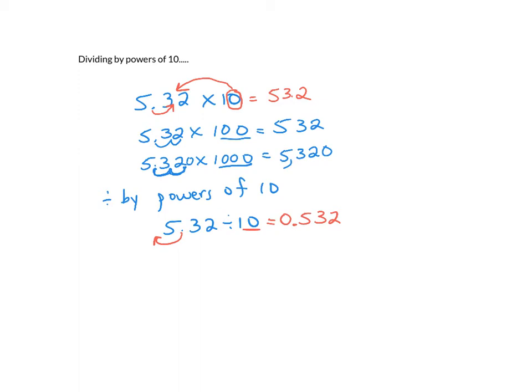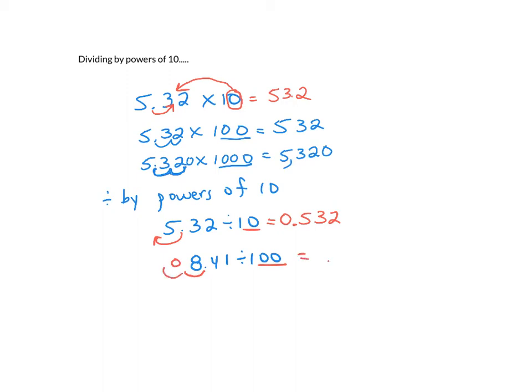Let's say you were given the problem 8.41 divided by 100. There's 2 zeros here, which means I need to move the decimal point 2 spots to the left. If I move it in front of the 8, I'm only moving it 1 spot. So I have to add a 0 in front of that.